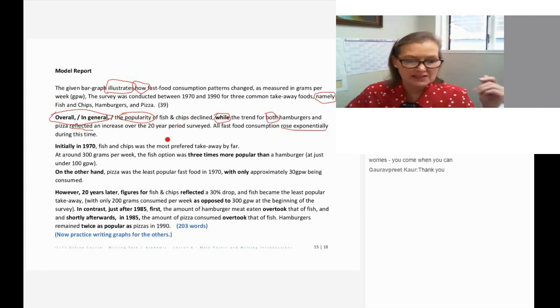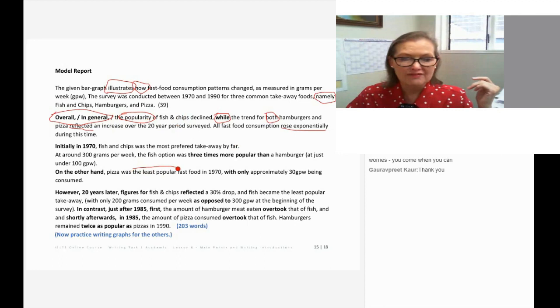So have a look at this sentence. Initially, in 1970, fish and chips was the most preferred takeaway by far. That's useful if there's a big difference. At around 300 grams per week, the fish option, so look at how I've varied my vocabulary there, the fish option was 3 times more popular than.